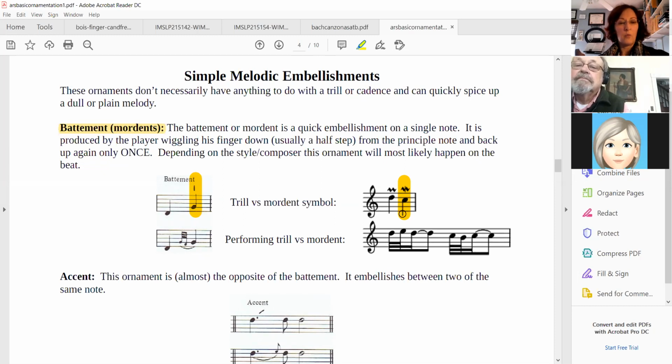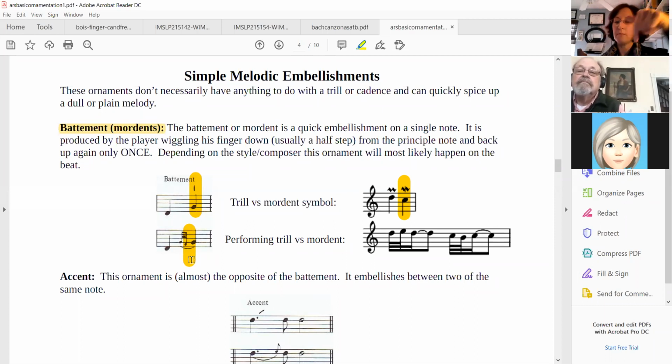Okay? When you perform the battement or the mordent, you play the principal note, the note below the principal note, back to the principal note. And so that's exactly what we have going on here in our examples. Principal note, lower note, principal note. And then they wanted to show you the difference between the trill and the mordent.